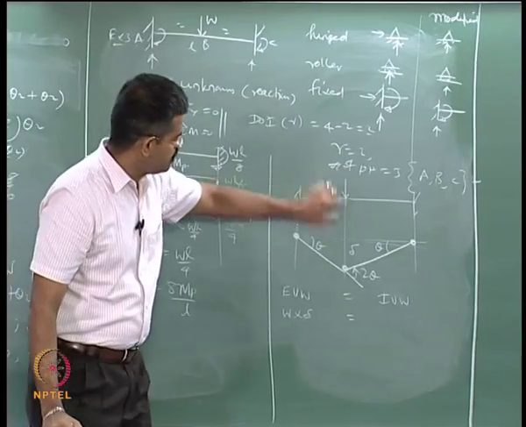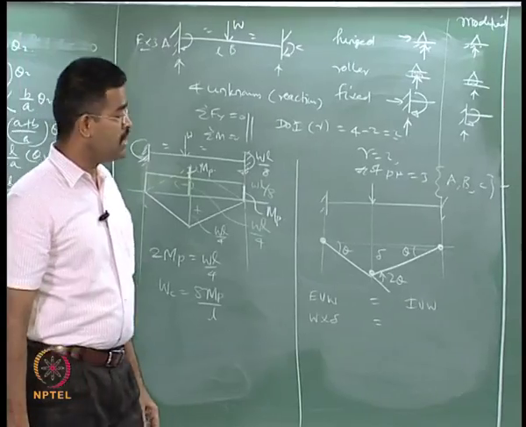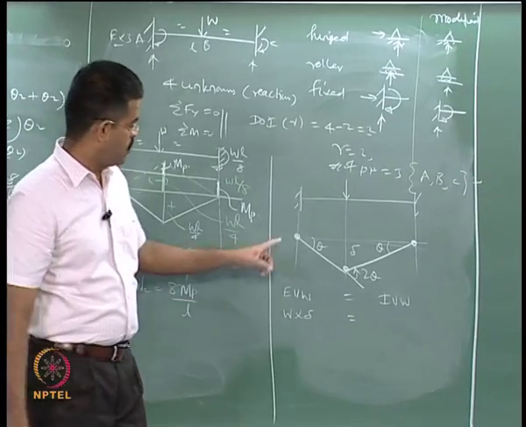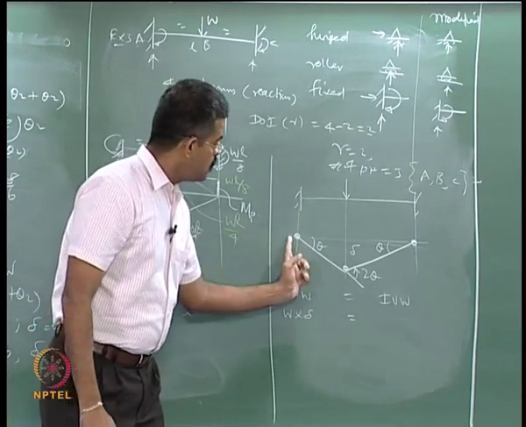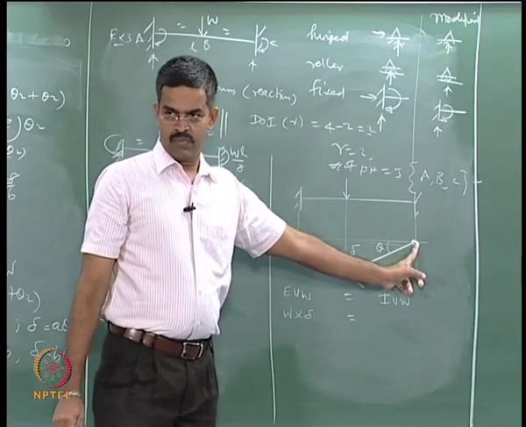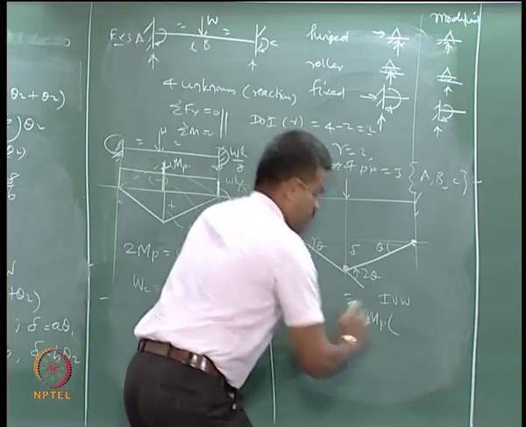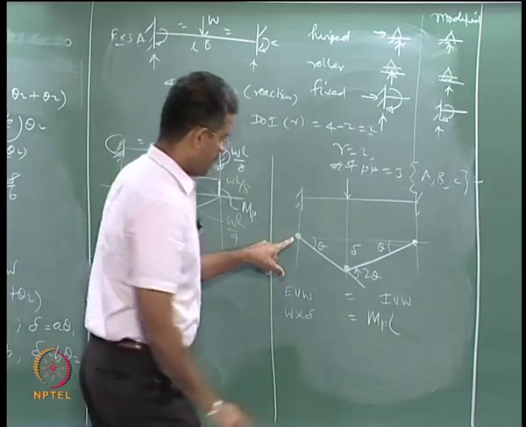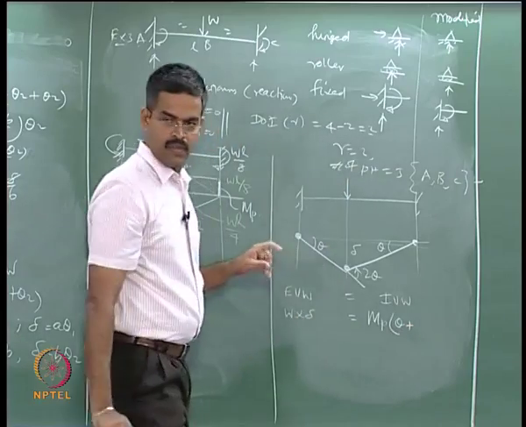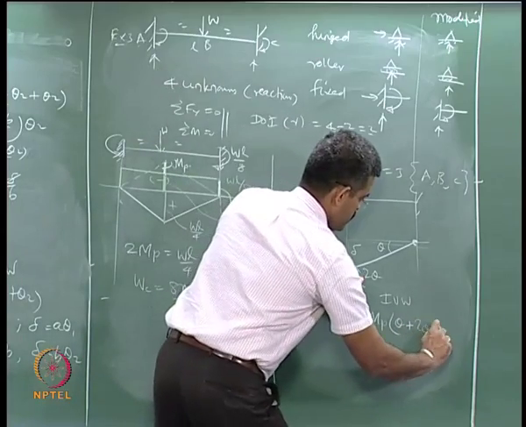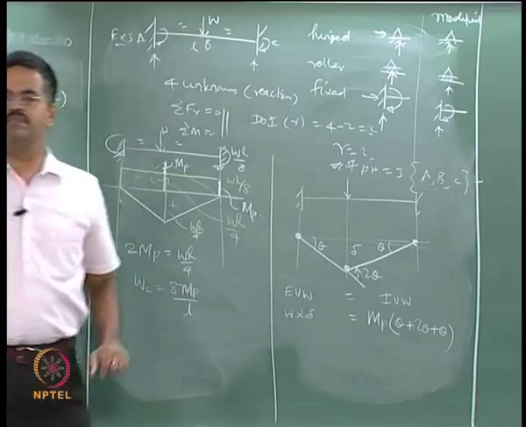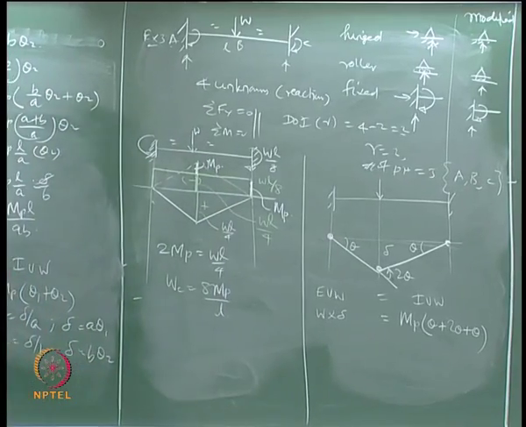Internal virtual work has happened in 4 places, 1, 2, 3 and 4, all are MPs, is it not? So, MP times theta, 2 theta and theta, is that okay? That is 4 MP theta.